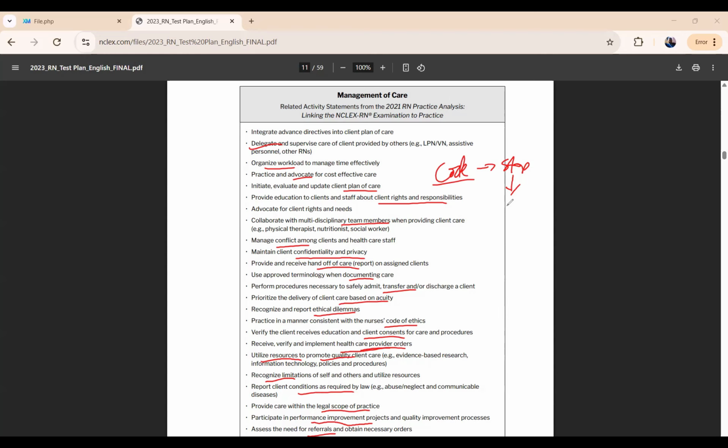Now, this is the thing. There must be an advance directive that the staff members performing the code should follow. So if the family member is saying they should stop the code, that's what I'm asking you now. Is that question saying the patient has an advance directive not to be resuscitated?